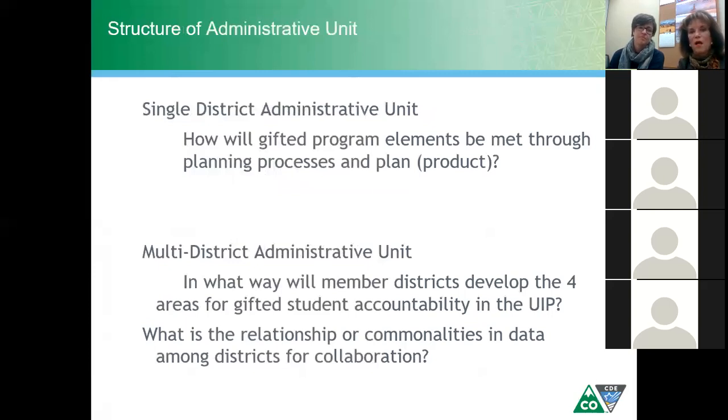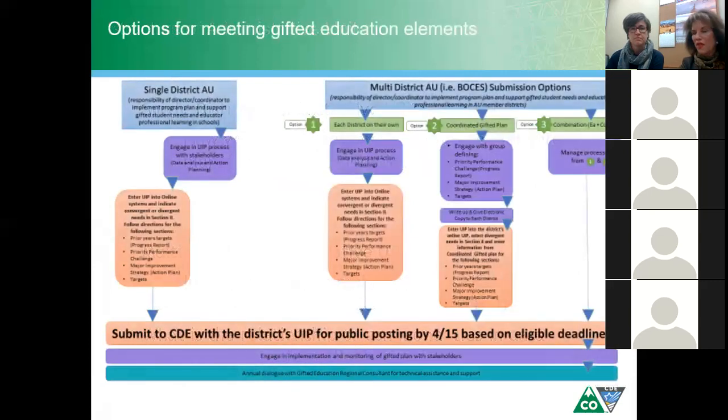So we will address that, we hope, in a new visual that we've created to help clarify the choices folks have when moving along in this process. I'm going to show that to you now. There are options for meeting the gifted education elements.